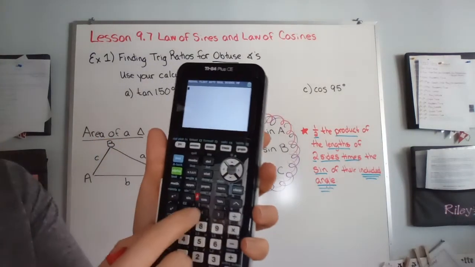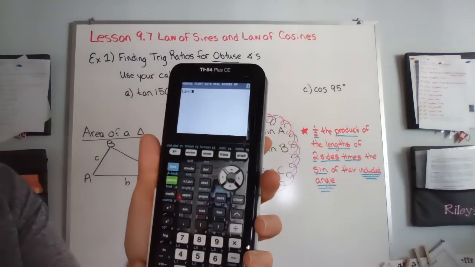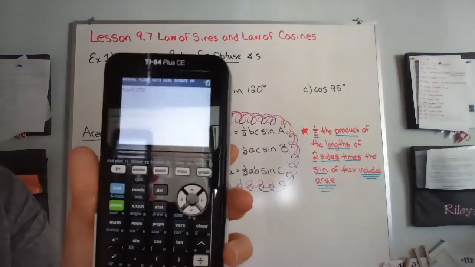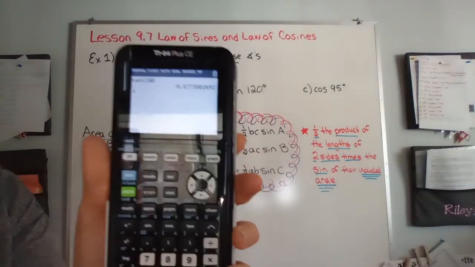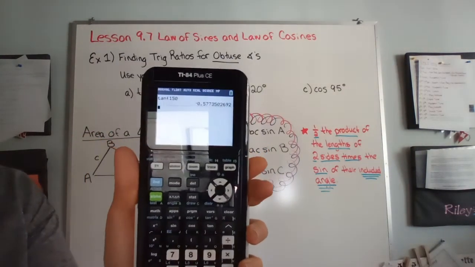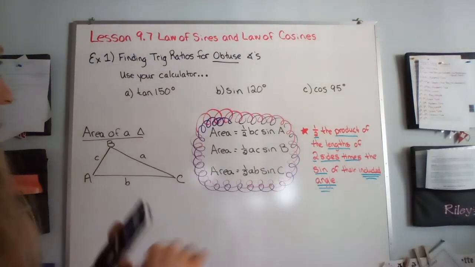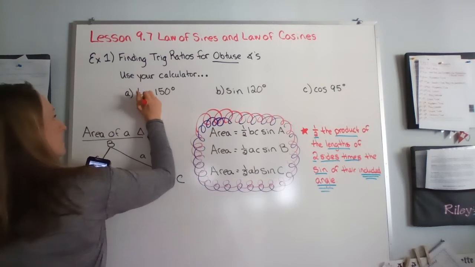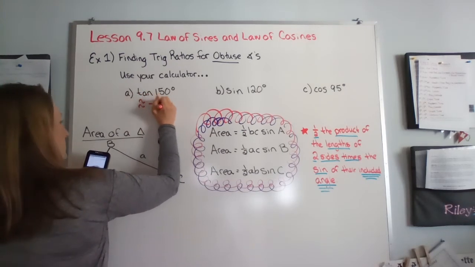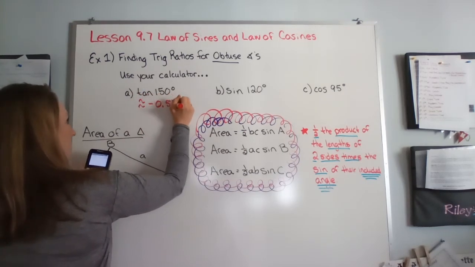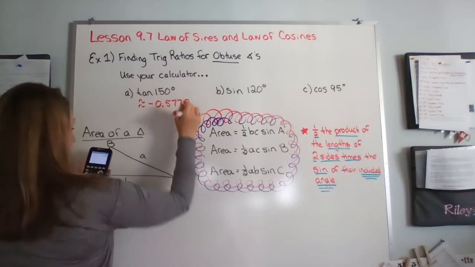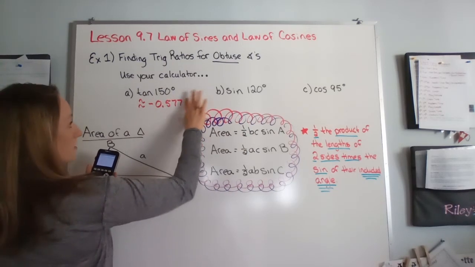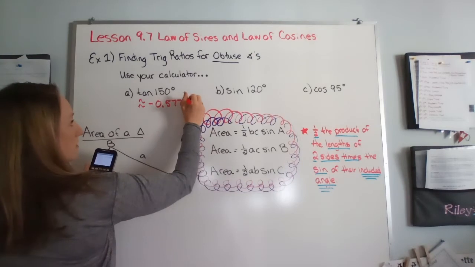All right, so we're going to plug in tan of 150 to see what kind of value we get, and we'll round these to 4 decimal places. Here I have approximately negative 0.5774, since that would round to 4 places.